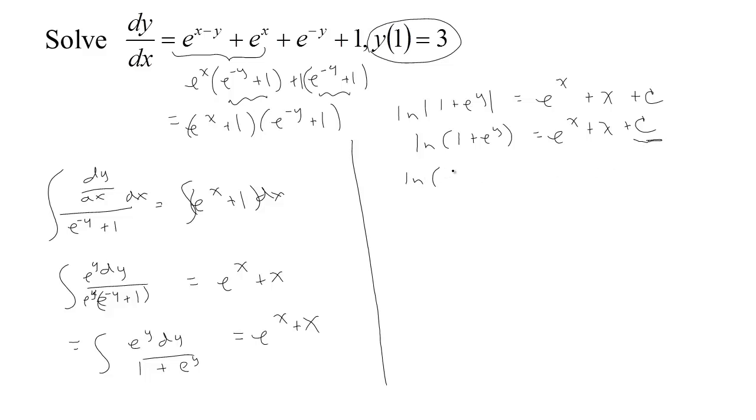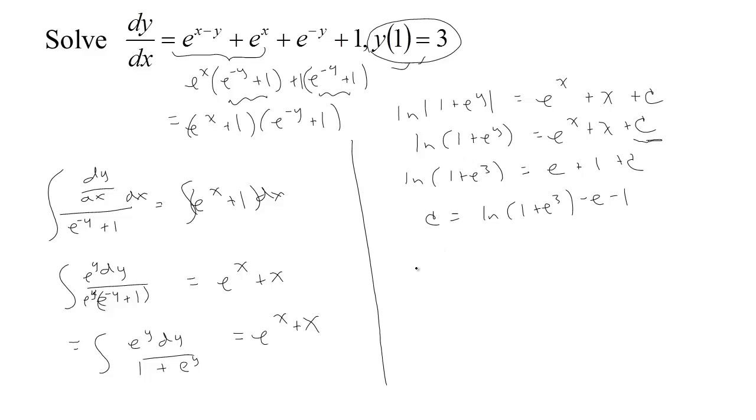So this says that the natural log of 1 plus e to the y, but y is 3, so 1 plus e to the 3 is equal to e to the x. If x is 1, that's just e, plus x, that's 1, plus c. So we know that our constant, because of this initial data, the constant has to be the natural log of 1 plus e cubed minus e minus 1.